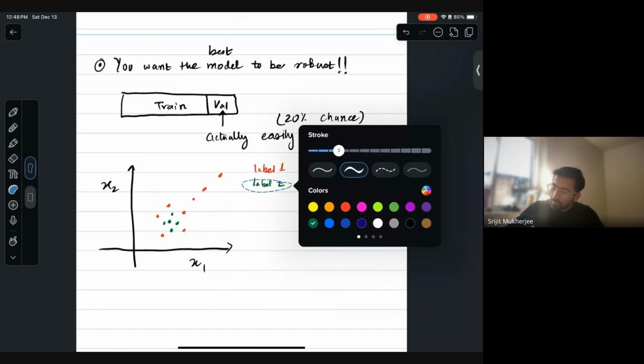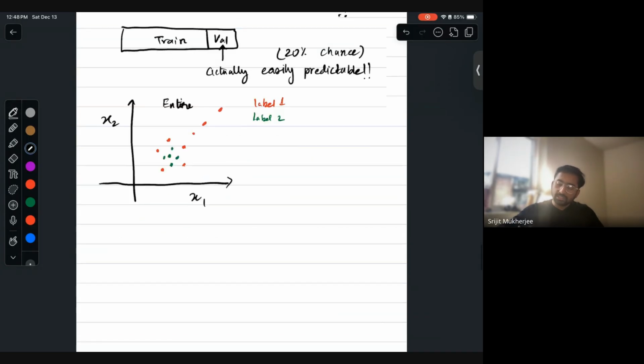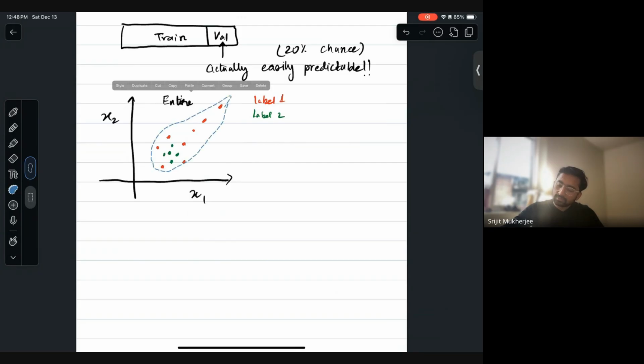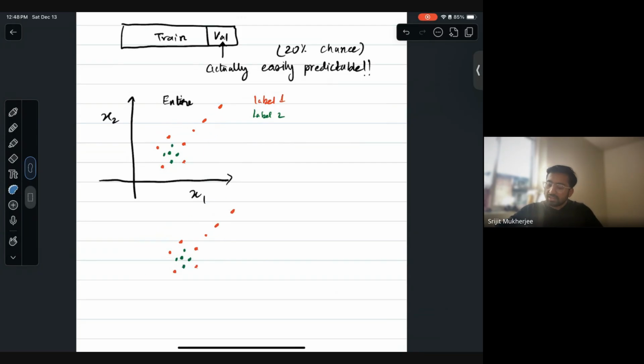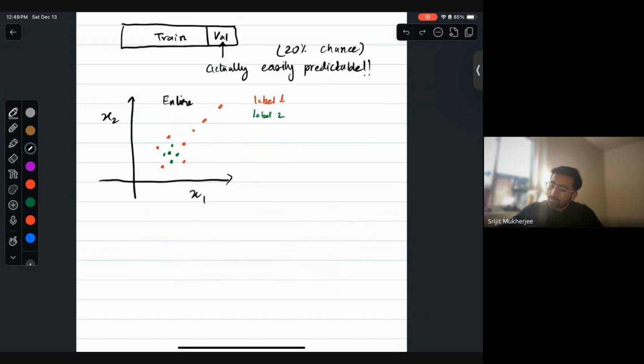Now if you take a random validation data set, the split into training and validation can come out to be something like this. So let's copy this entire thing.